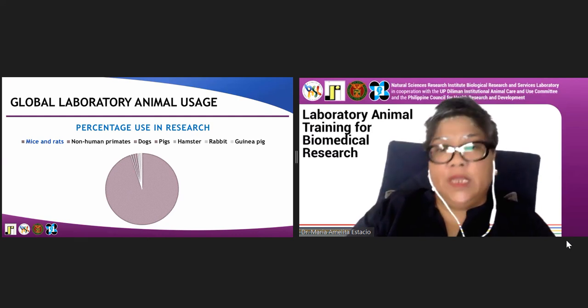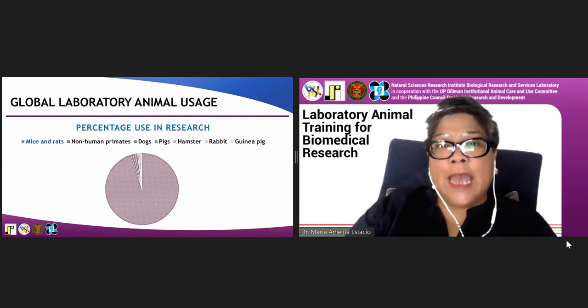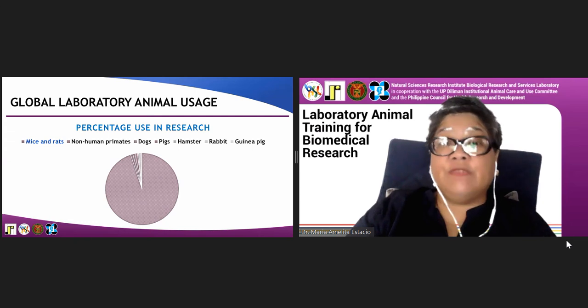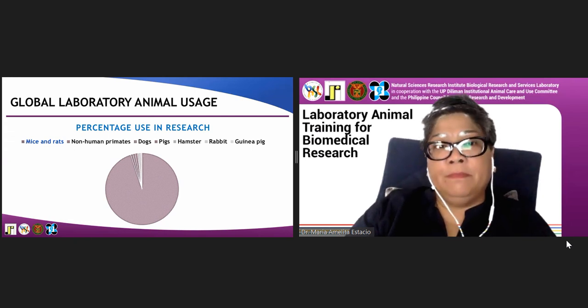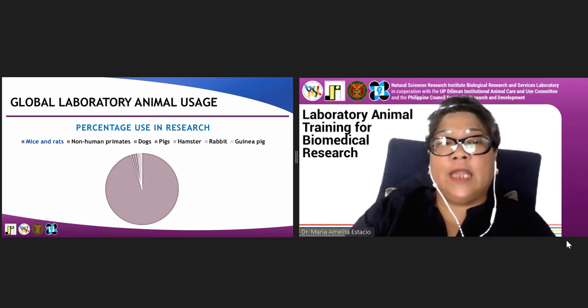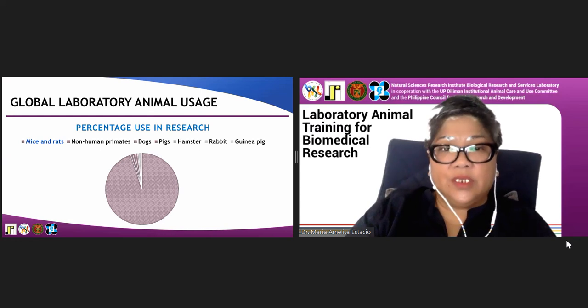The reason for this is because animal research is very expensive. And among the different laboratory animals, the mice and the rats are the least expensive compared to the other laboratory animals. That's the reason why initial biomedical research uses the rodents.